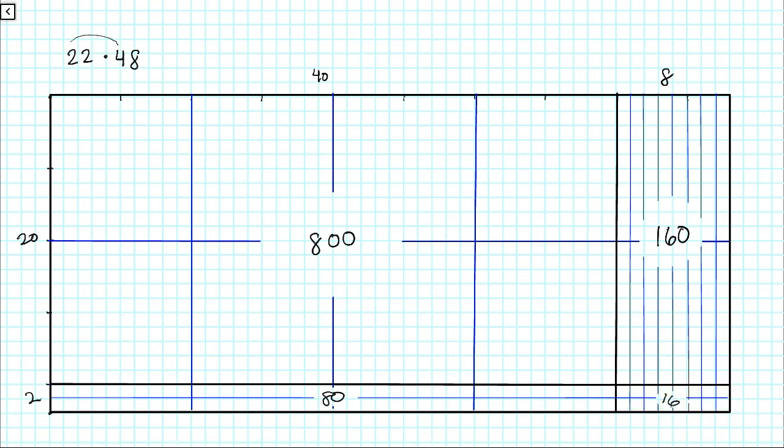So 22 times 48, and let me point out that the 800 comes from 20 times 40. The 160 comes from 20 times 8. That's here. That's the 160.